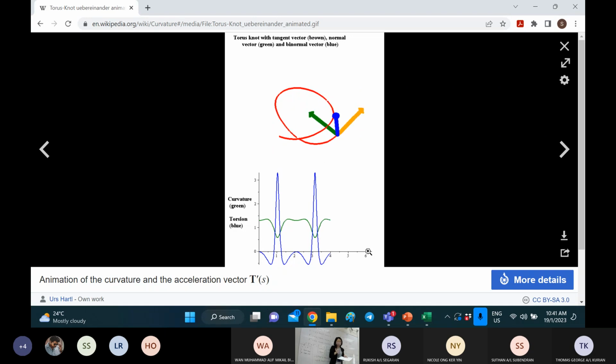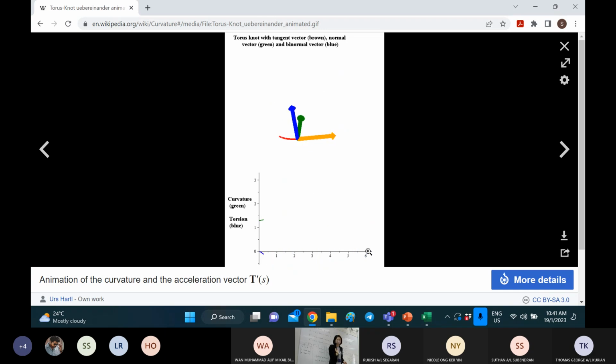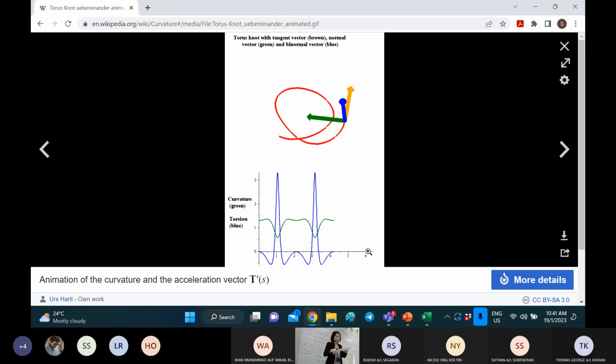For example, when it turns and suddenly goes flat a little bit, at this point the circle is larger, at this point the circle is smaller. So when the curvature value drops, the tangent vector turns at a slower rate.